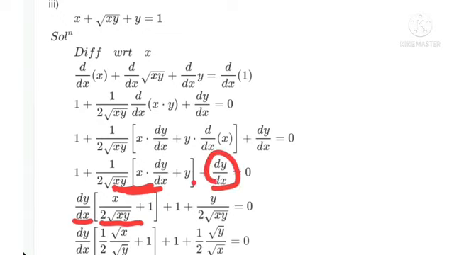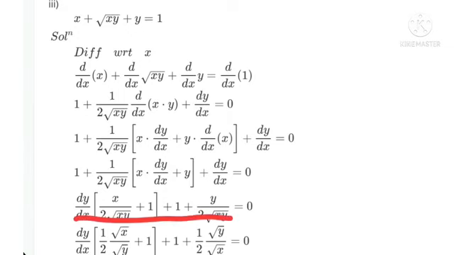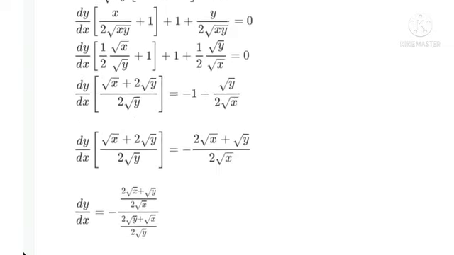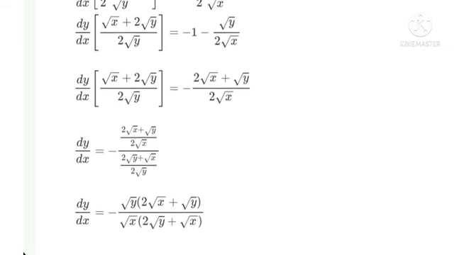Okay, so what remains? 1, and the remaining terms are 1 into y upon 2 root xy. Okay, there is an adjustment in this step. So we get 1 upon 2 root x upon root y plus 1 plus 1 plus 1 upon 2 root y upon root x is equal to 0. Now you find the value of dy by dx.